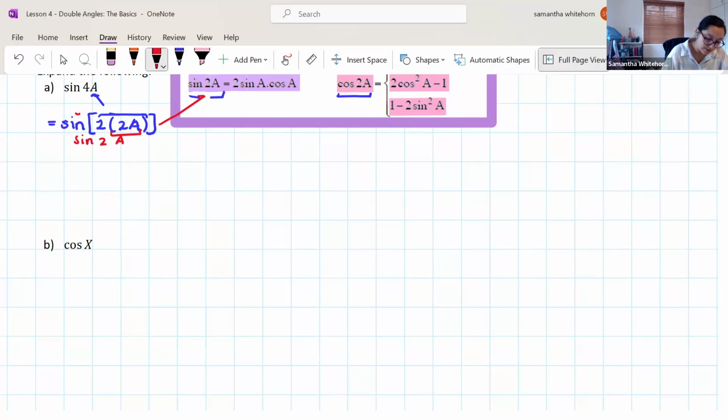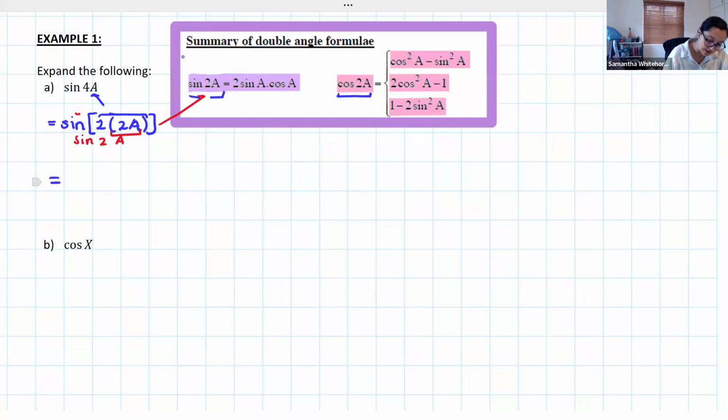So when we want to expand this, the expansion of a sine double angle is 2 sine of the original angle before it was doubled, so 2a, times cos of that original angle before it was doubled, 2a. All I've done is I've expanded. We were given the double angle. We wanted to go back to before it was doubled.